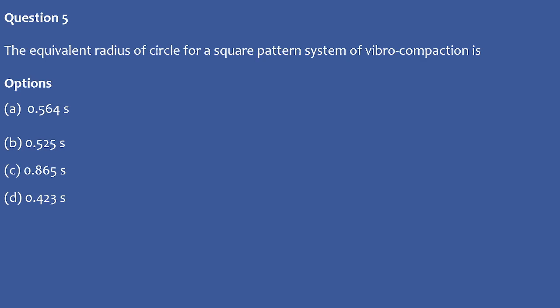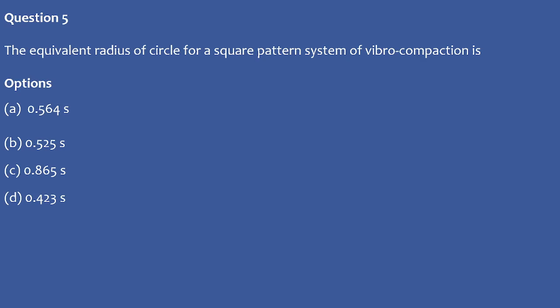During vibro compaction, we have different methods to calculate the spacing between the probes, or the points where we are doing the compaction. So the question here is the equivalent radius of a circle for a square pattern system of vibro compaction.